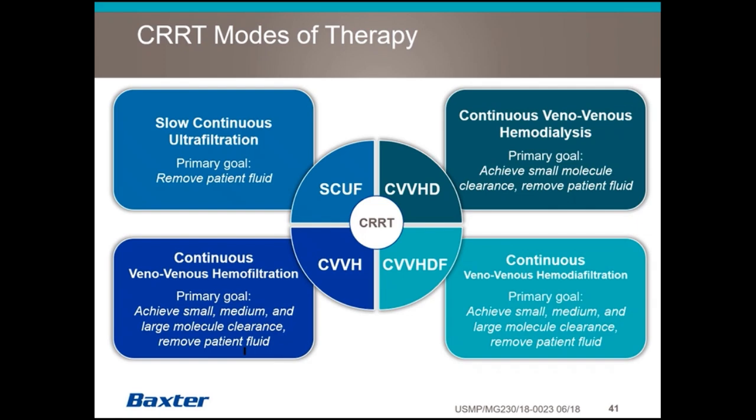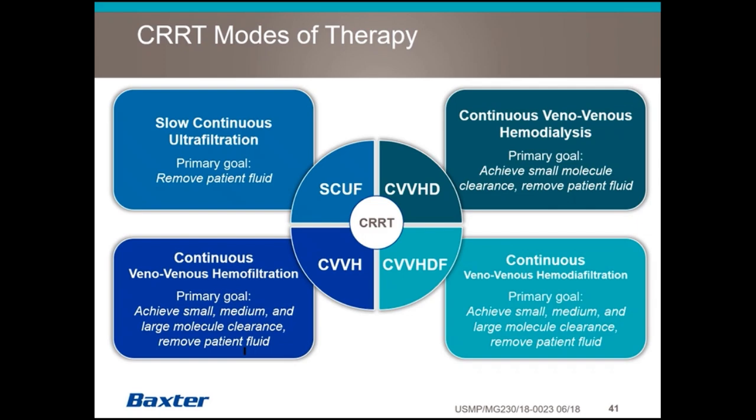And then finally you have CVVHDF, continuous veno-venous hemodiafiltration. CVVHDF is what some people consider to be the most close to native kidney function because you're doing both the filtration portion, the glomerular portion of our kidney function, with your replacement solution and driving convection and targeting the larger molecules.